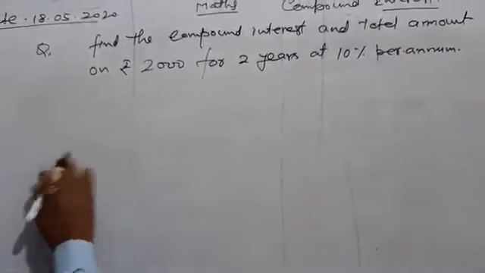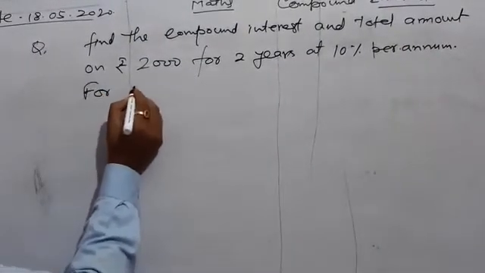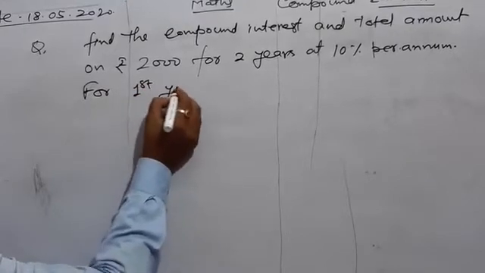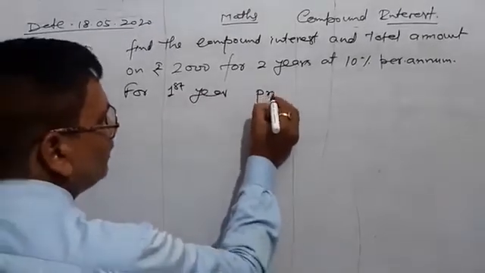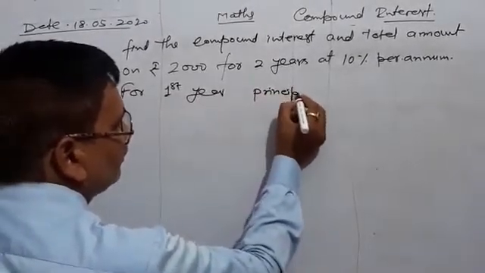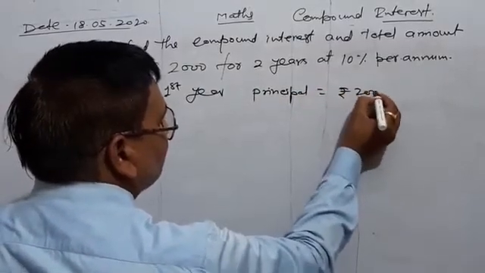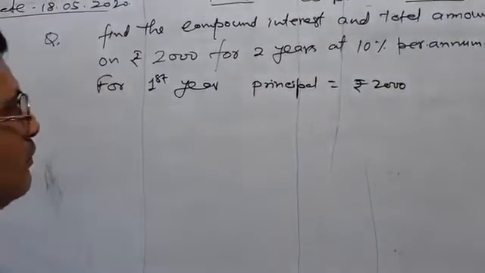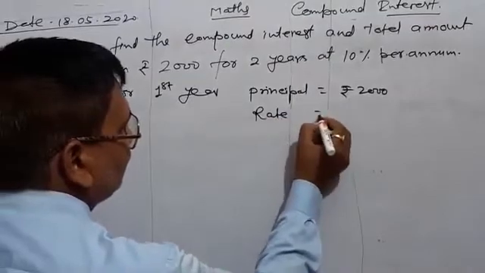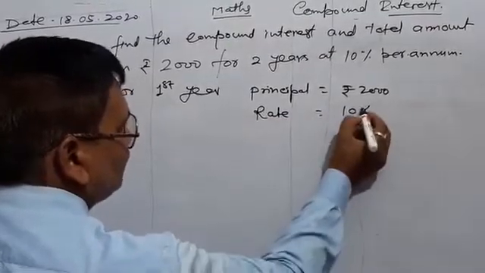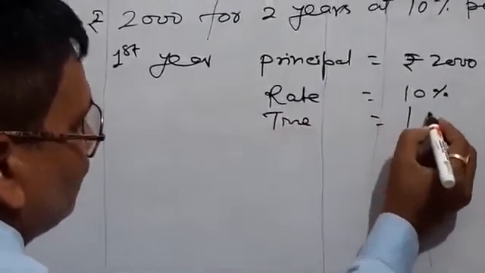Here for the first year you have principal money rupees 2000, rate 10%, time 1.